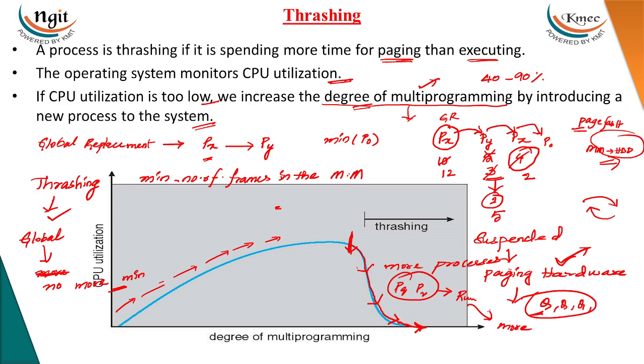If we restrict the higher priority process from taking frames from the lower priority process, we may avoid this thrashing.